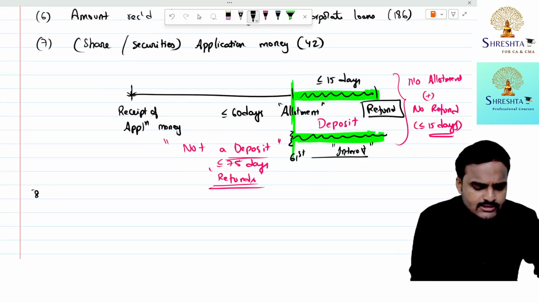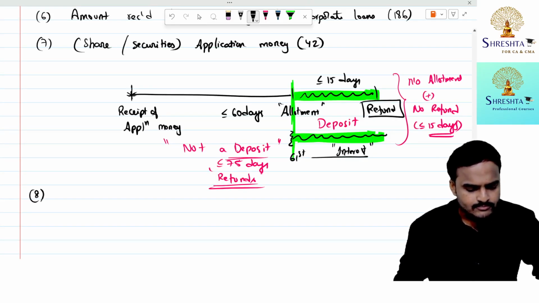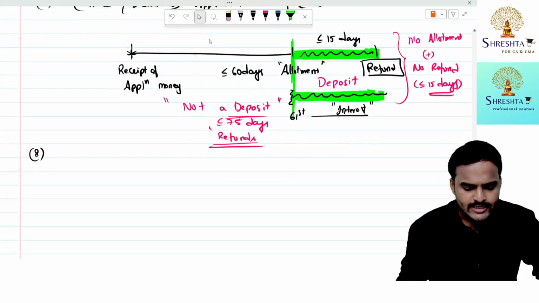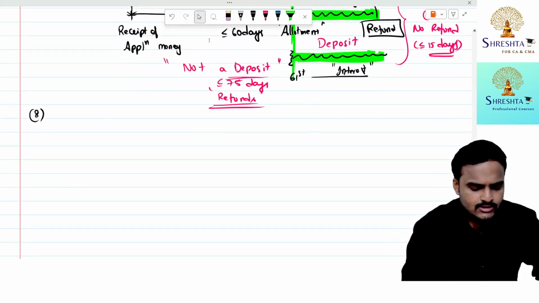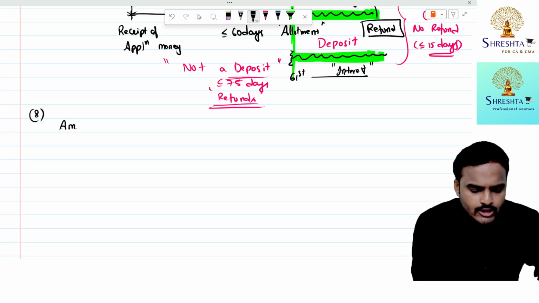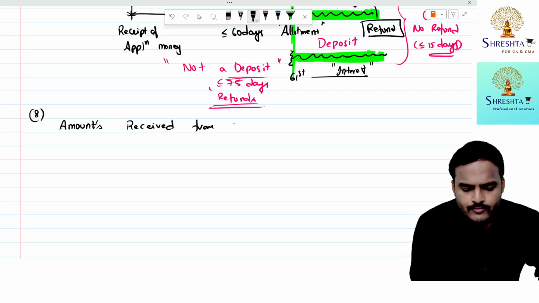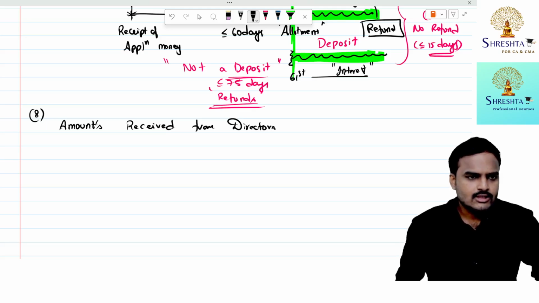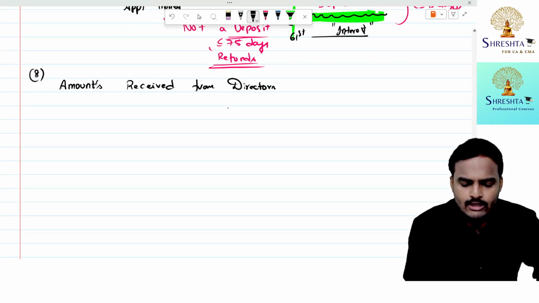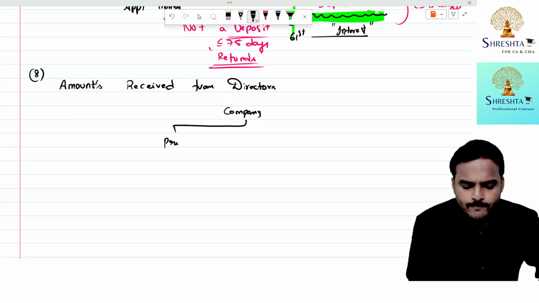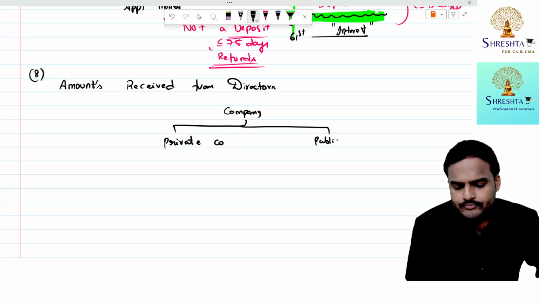Next one. Amount received from directors. For the purpose of this point, companies are classified into two types: private company and public company.